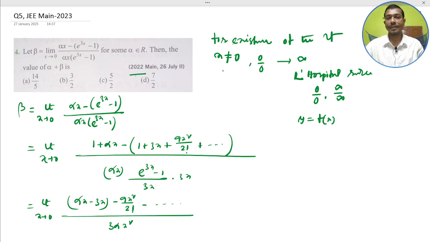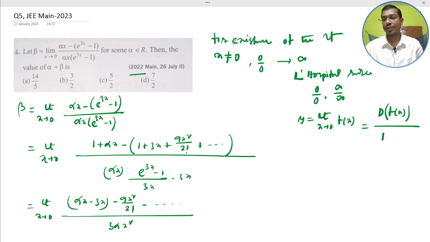Suppose given y equal to limit x tends to 0 of f(x) by phi(x). For this case, you just apply the L'Hospital rule, that is differentiate f(x) with the derivative of phi(x).